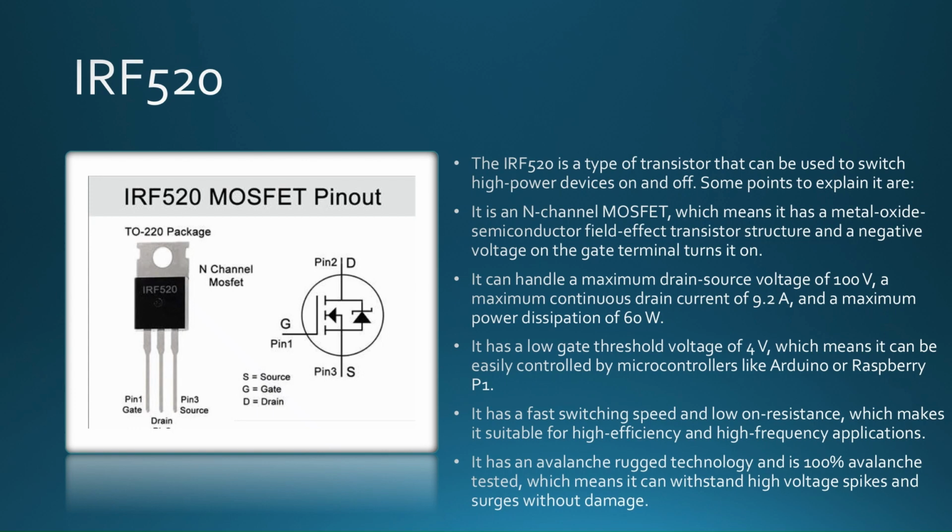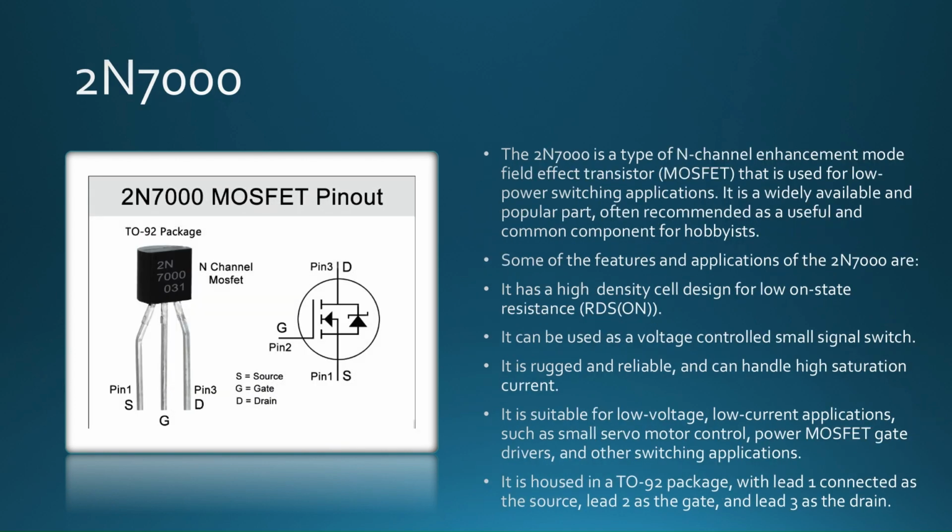The 2N7000 is a type of N-channel enhancement mode field effect transistor, MOSFET, that is used for low-power switching applications. It is a widely available and popular part, often recommended as a useful and common component for hobbyists. Some of the features and applications of the 2N7000 are: it has a high-density cell design for low on-state resistance, RDS(ON).